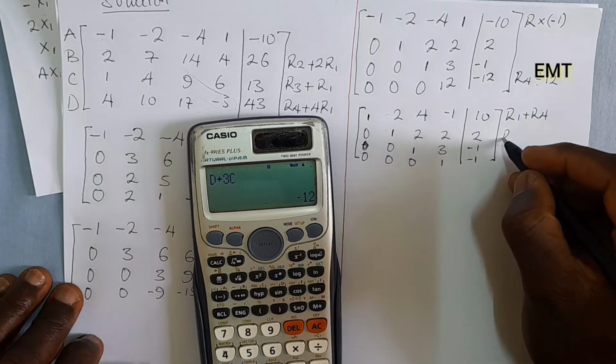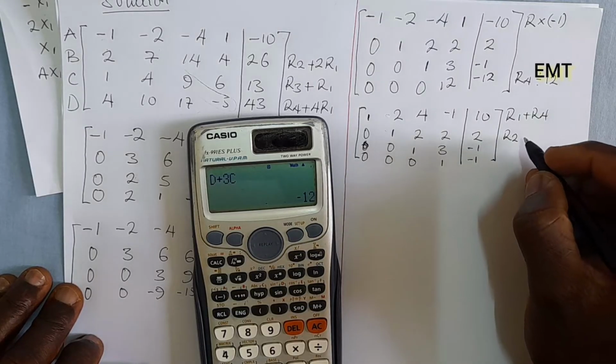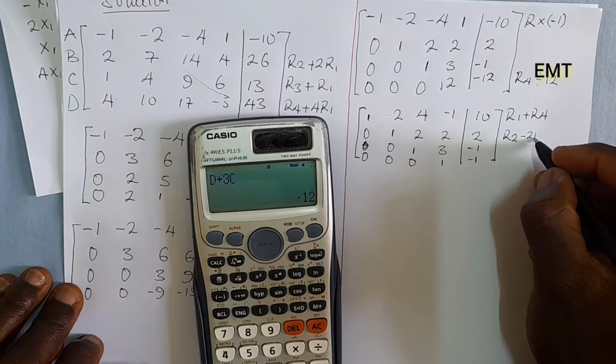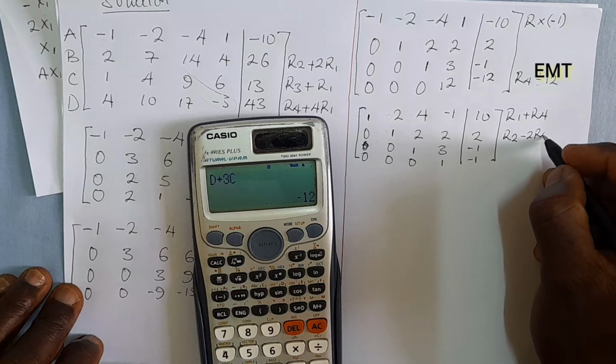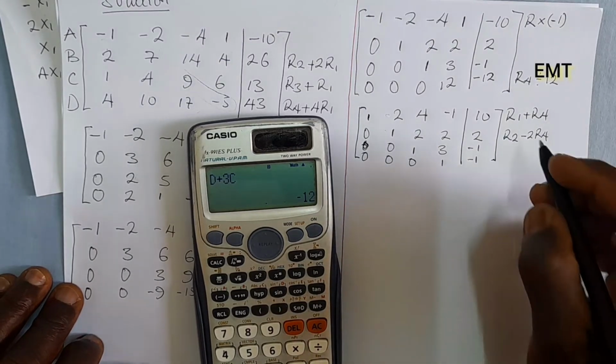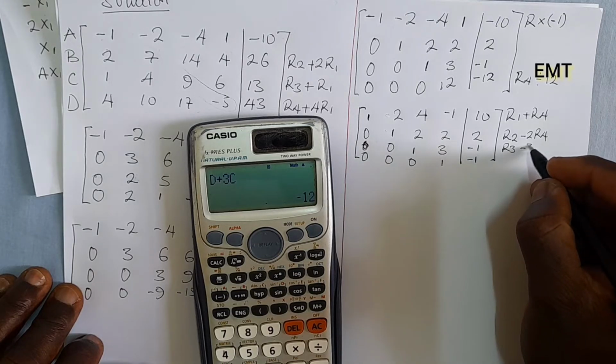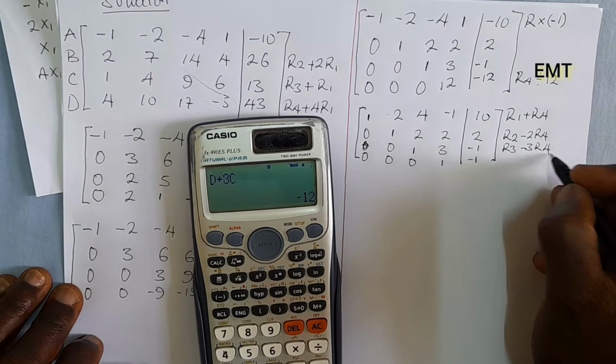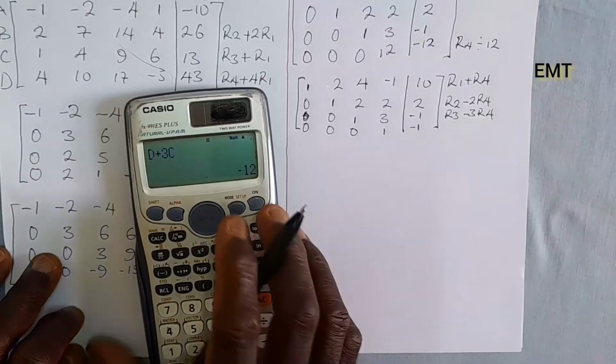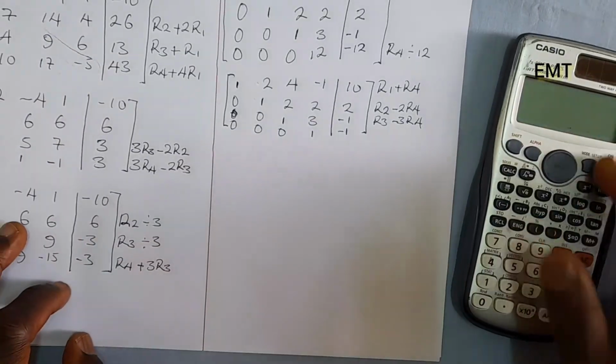We take row 2, we subtract from row 4. We take row 3, we subtract 3 times row 3 from row 4, and we will enter some into the calculator.